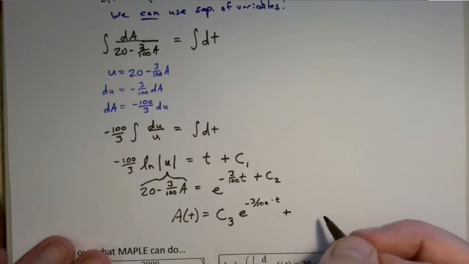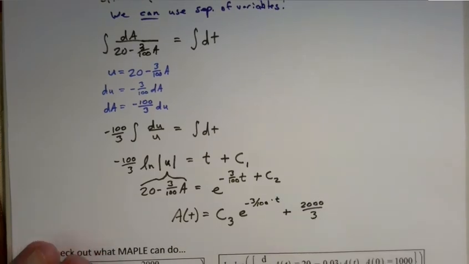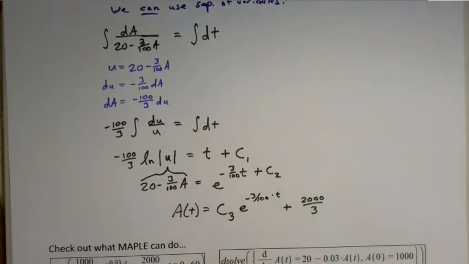This 2,000 over 3 is what it turns out to be. Now this is the general solution. If I want to find the particular solution, we can use our initial condition. We'll get to that in a second. I just wanted to show you that you can solve this thing by hand. It's not the end of the world. It's kind of a pain.